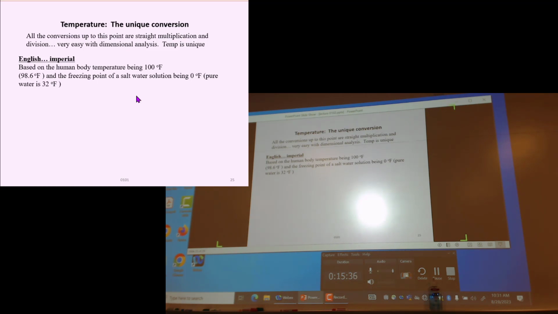So in theory, they roughed out human body temperature way, way early and called it about 100. And then a salt solution, which freezes a little colder than regular water, is called 0. And that's the scale. So Fahrenheit is based on human body temperature being about 100. We now know, as we've done it and averaged, it's about 98.6 degrees Fahrenheit.